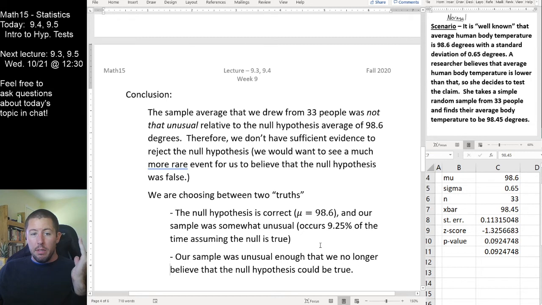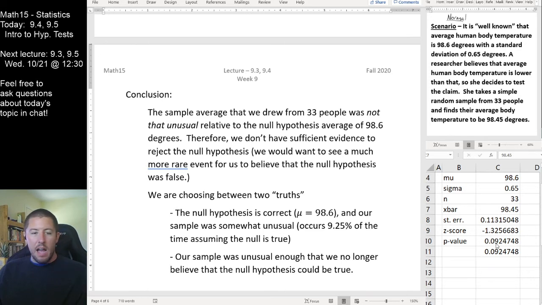But what are you really going to believe? That we just pulled like a 1 in a million sample the one time we pull a sample and that's just what happens? That's probably pretty unlikely if we do get a p-value that small. It's probably more likely that our null hypothesis was wrong to start with, and that's why we computed such a small value for that p-value.